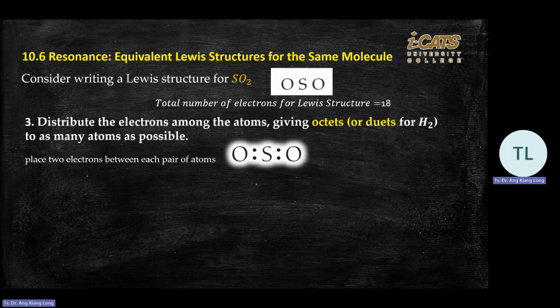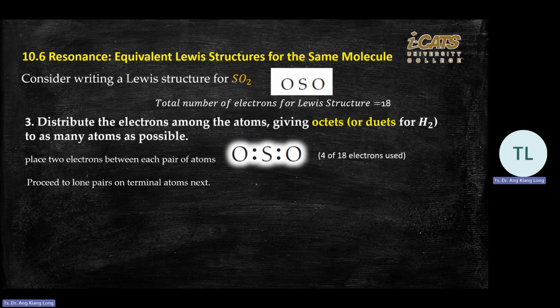So sulfur, you do the pair first, right? 2 left, 2 right. So there's one more, right? Okay, 2, then you use 4. 18 minus 4, sorry, 14. 14 divided by oxygen, 2 oxygen. So you got 7, right?